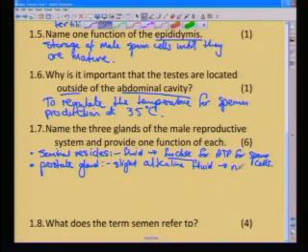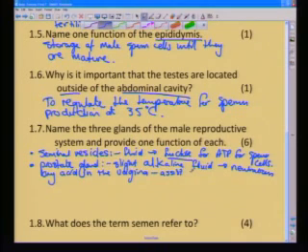And what does it do? It neutralizes any acid in the vagina. Okay? And also, it's going to help assist movement of sperm cells. So you could give any one of those two.